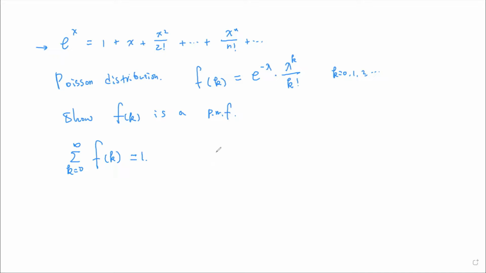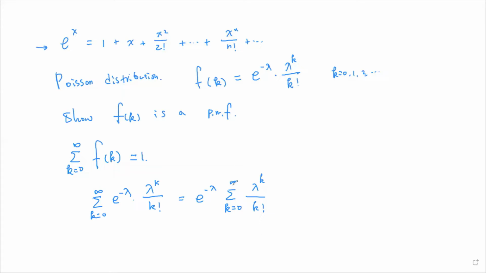Okay. So let's plug in this PMF to the summation. So I have a summation of e to the negative lambda times lambda to the k over k factorial, k from 0 to infinity. E to the negative lambda is a constant with respect to k, so you can move it out from the summation. So I have k from 0 to infinity, lambda to the k over k factorial.